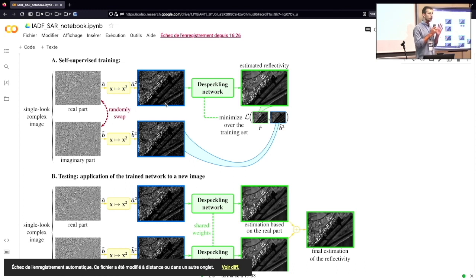My advice is that you train a neural network for your given image modality and resolution, and it is better to use a neural network that is specific to the image that you want to process. So if you are dealing with TerraSAR-X images, do not use a neural network that is trained for speckle reduction on Sentinel-1 images, because I'm not sure it's going to give you the result that you want.